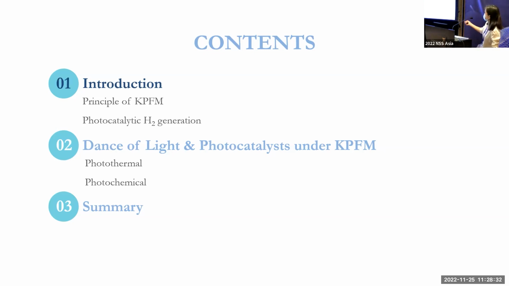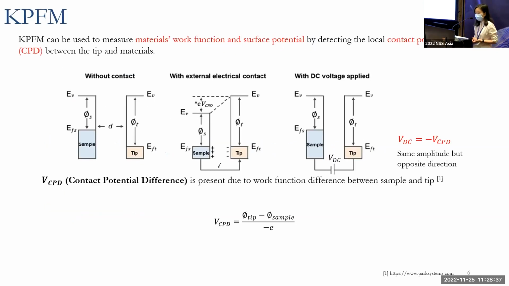Okay, so let's start with the KPFM. KPFM can be used to measure materials work function and surface potential by detecting the local contact potential difference, or CPD, between the tip and the sample. The CPD is created due to the work function difference between the sample and tip. When a KPFM tip and sample is electrically connected, the electrons will move between them.